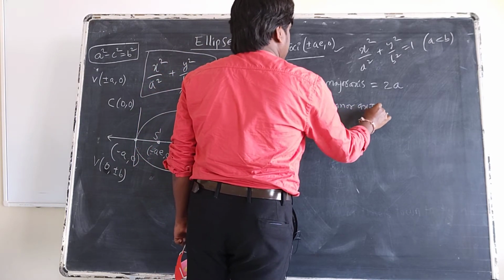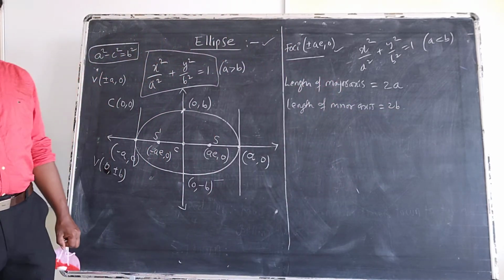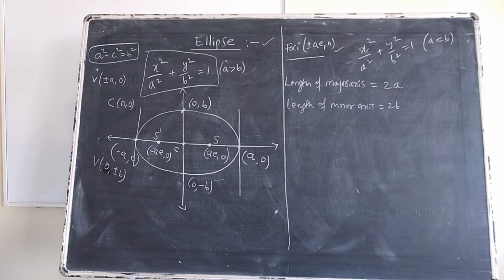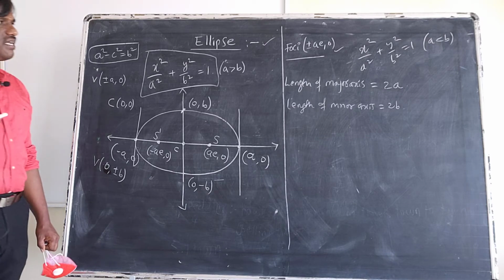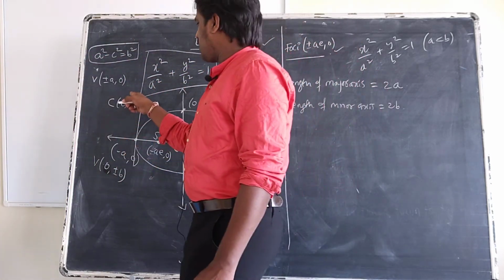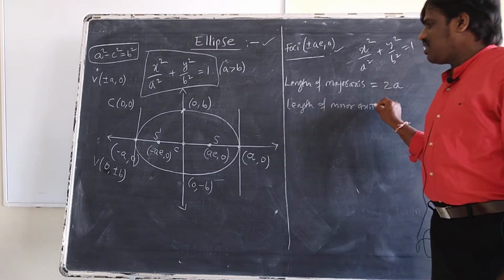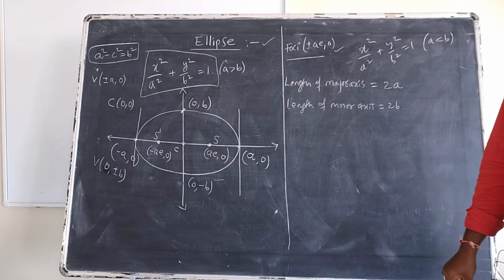Yes, 2b. Did you understand now? So you got the length of the major axis and the length of the minor axis. How many points have we covered? Focus, vertices, center, and now the length of major axis and length of minor axis.